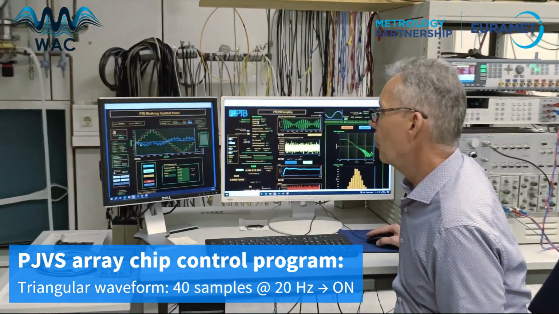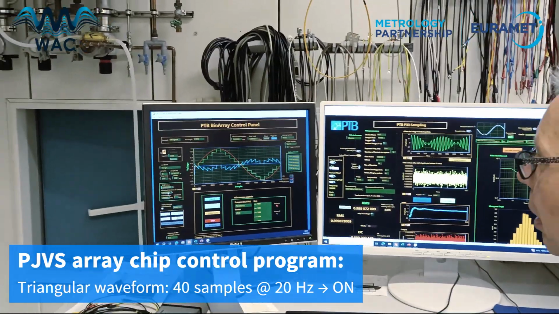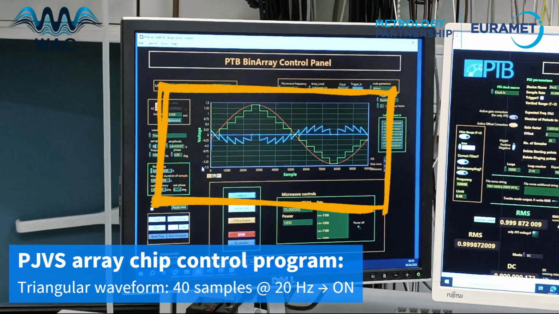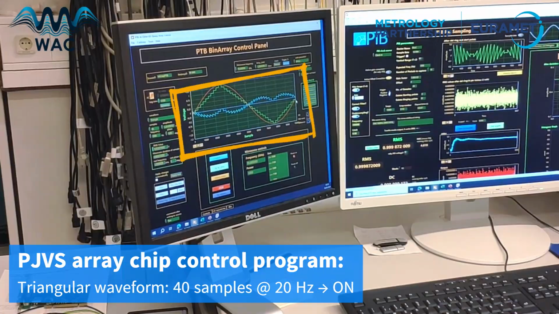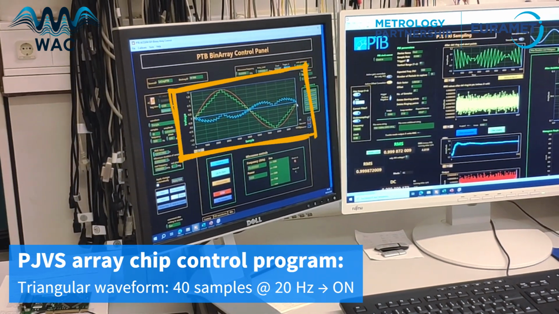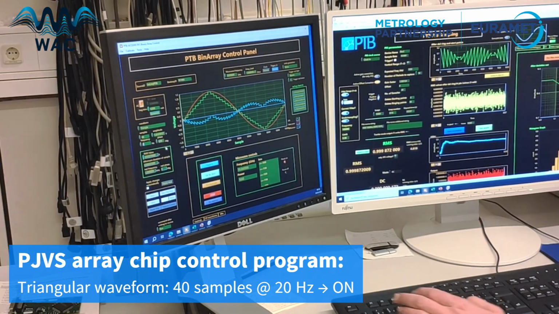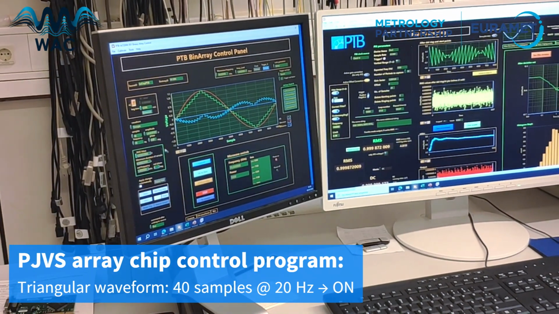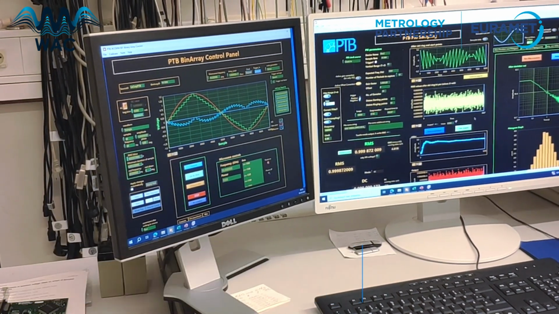I'm using a triangular waveform to have a linear distribution over the complete amplitude. I'm increasing the number of Josephson steps I'm using for this waveform to have a better resolution, and I'm reducing the base frequency of the Josephson from 1 kilohertz to only 20 hertz, and I can send this waveform.